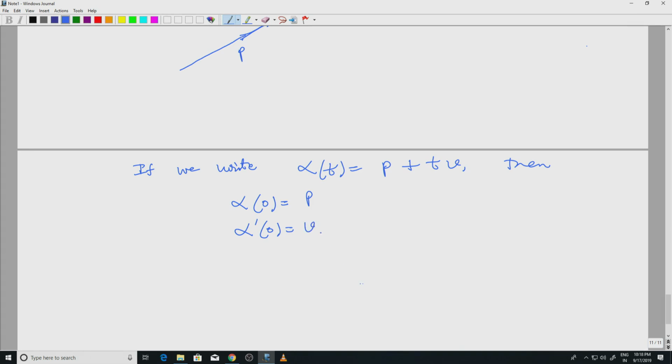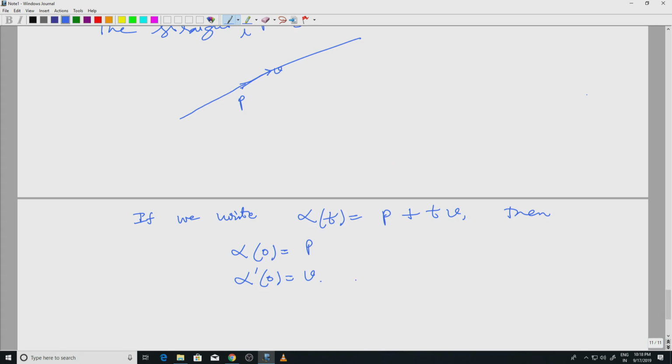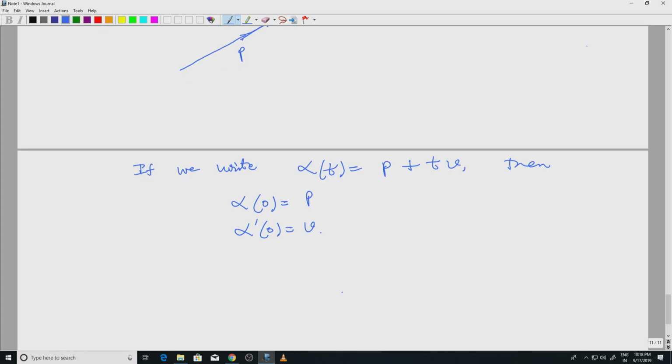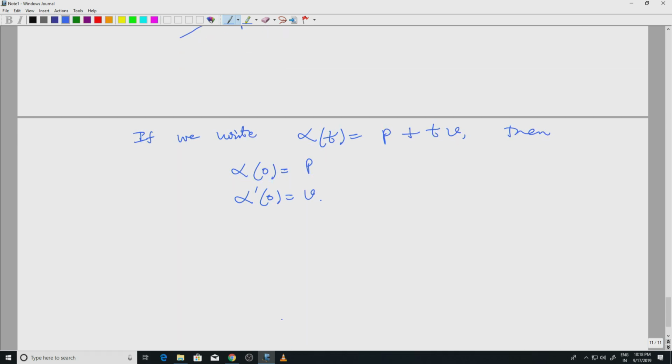Well, there are lots of curves. Given a point and a direction, there are lots of curves which have these two properties: it starts at p and its initial velocity should be v. Here of course I am using velocity in a loose sense. I just mean the initial derivative of this curve at t equals 0.